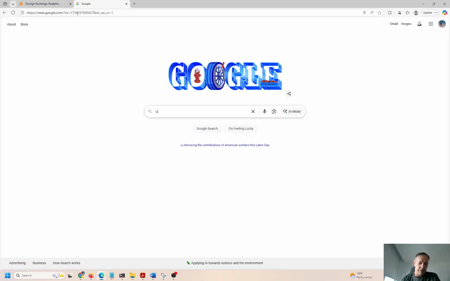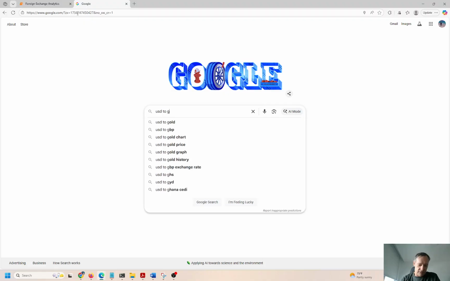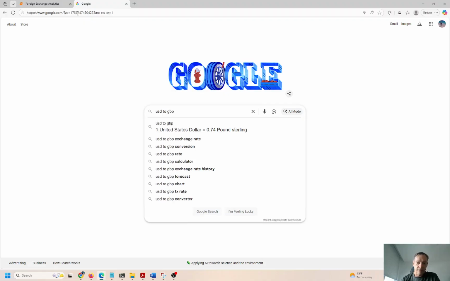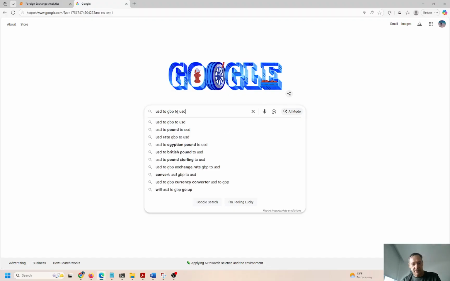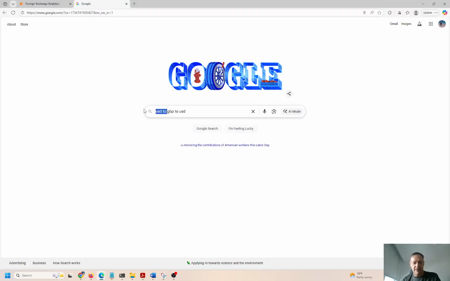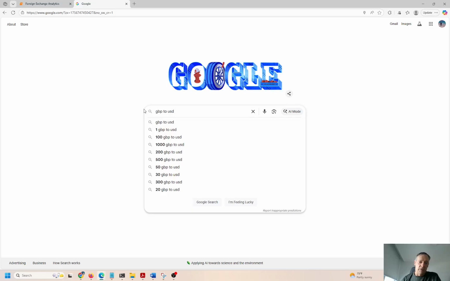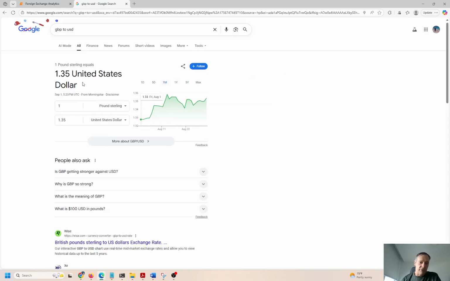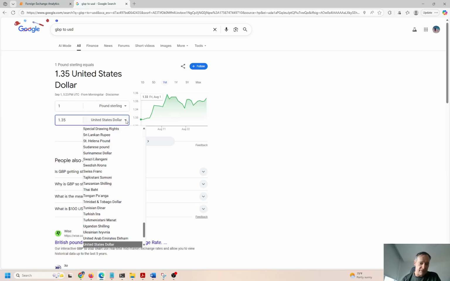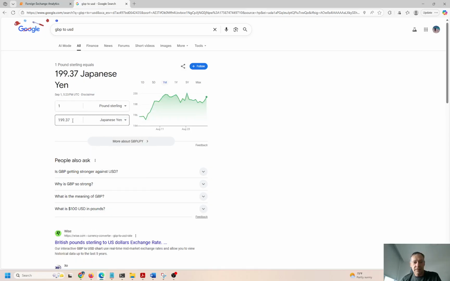Let me see, USD to GBP. Okay, so 0.74, and if we go the other way, GBP to USD would be the inverse of that, right? So 1.35. But then, of course, if you have the Japanese yen, 199.37, right?